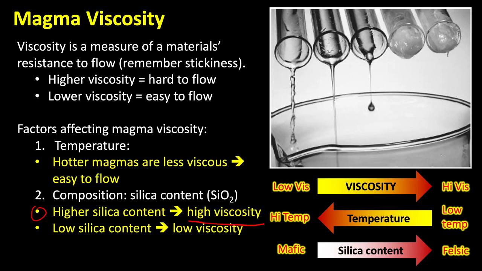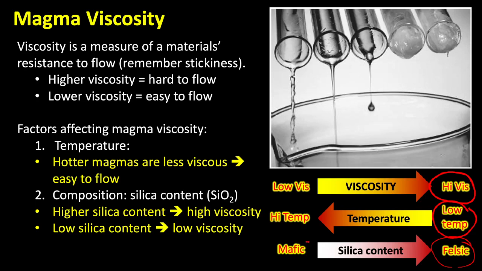Low silica content means low viscosity. If you have a bunch of silica within the magma, which means it's more felsic, it has lower temperature, and consequently the viscosity of the magma will be higher. And the other way around applies to mafic magma.